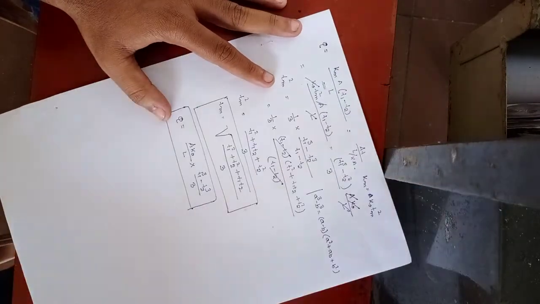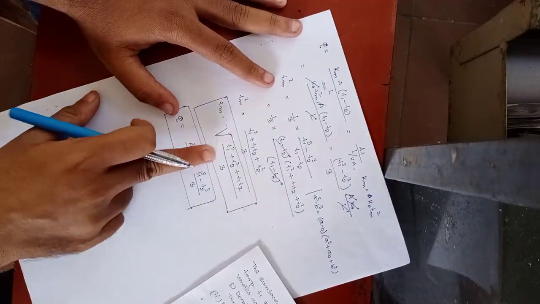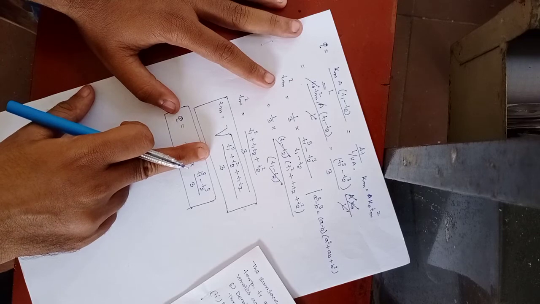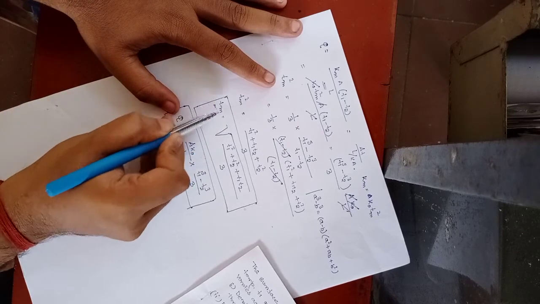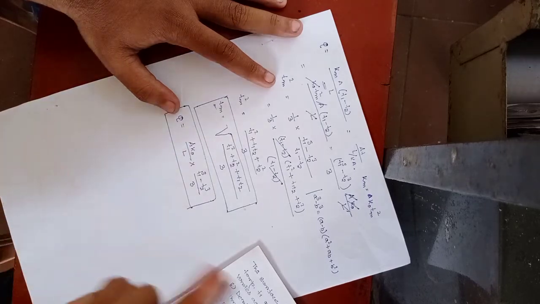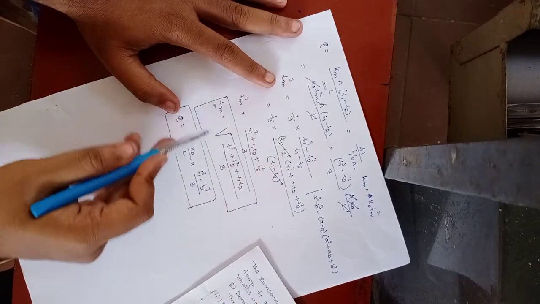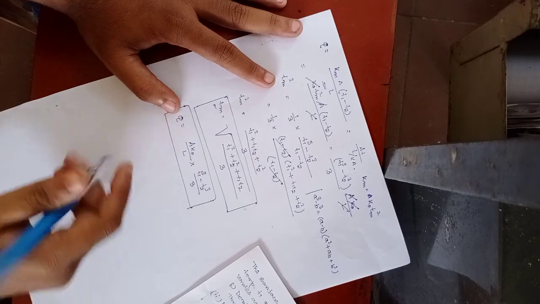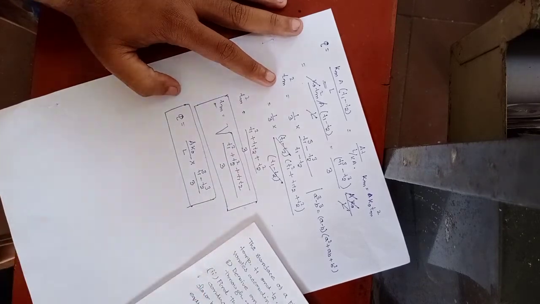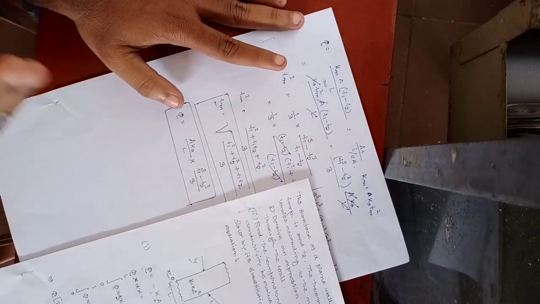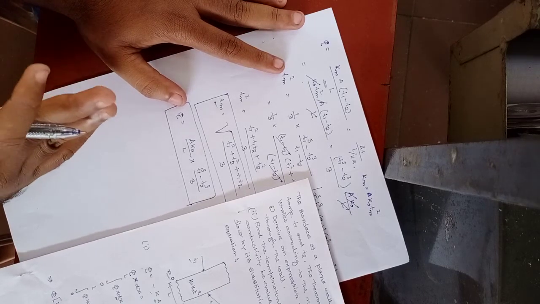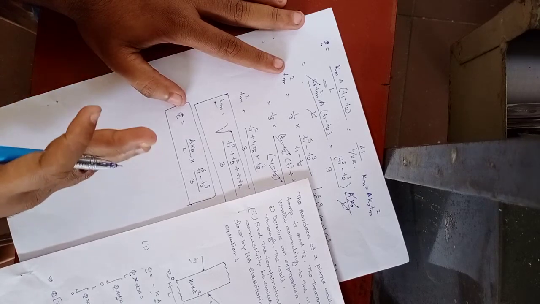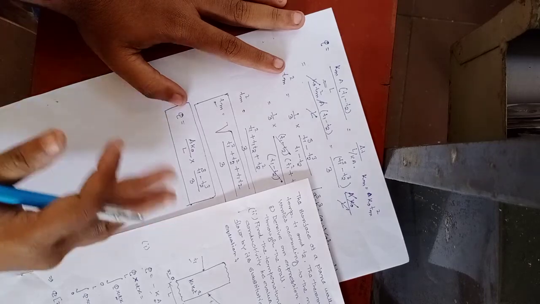And this is the equation for the mean temperature. In the case of the mean thermal conductivity, the temperature varies just like this. Whenever this type of problem arises, where the thermal conductivity is not fixed, you have to tackle the problem in this manner.